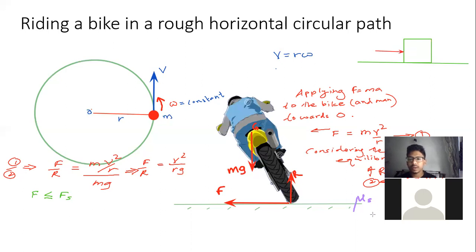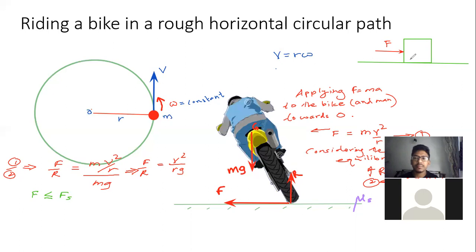I mark that force F. Let's say I'm going to increase the force F from 0. When F equals 0, there is no tendency of motion of this object. So the object is at rest.